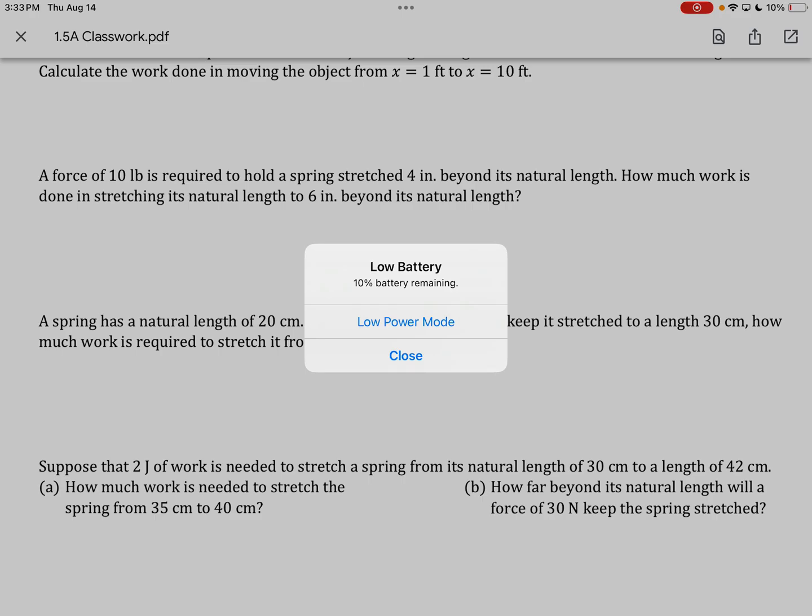I'm gonna look this up, but I don't have my phone right now. Okay. Let's lock it. We got 7 minutes.